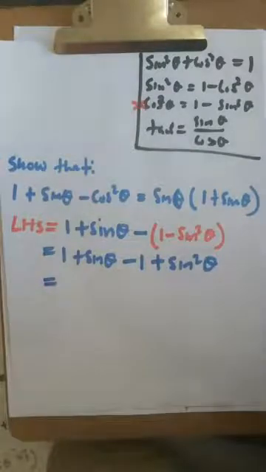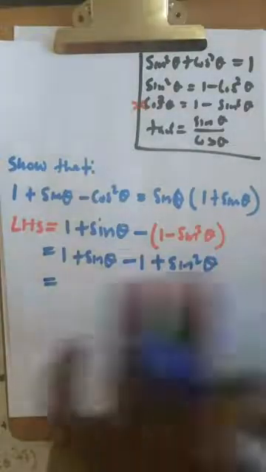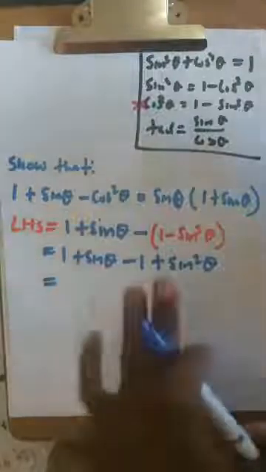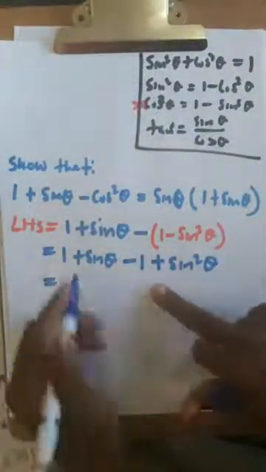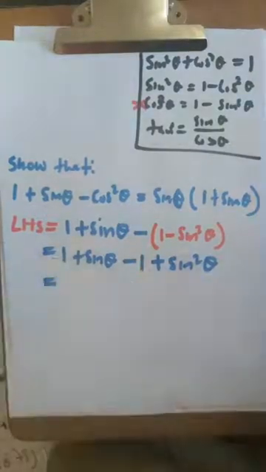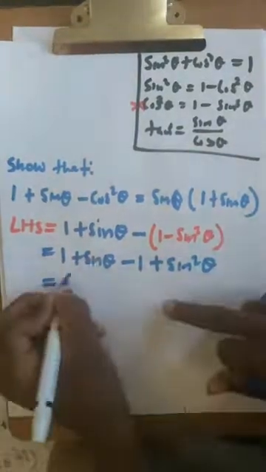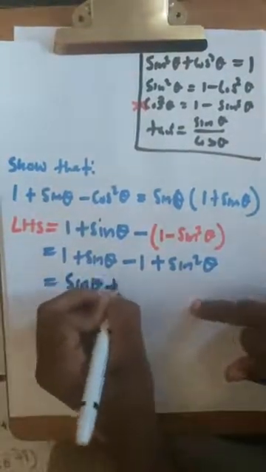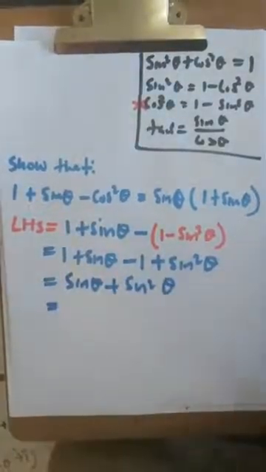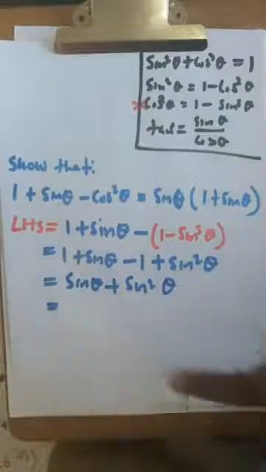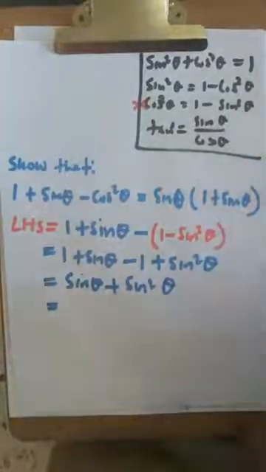When you are asked to show that, you just take one side and simplify that side. Then 1 minus 1 is 0. Then we have sine theta plus sine squared of theta. We just have two terms, so factorization comes into play.